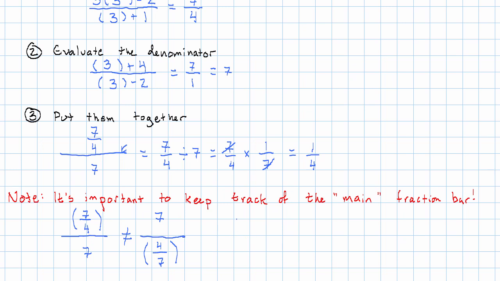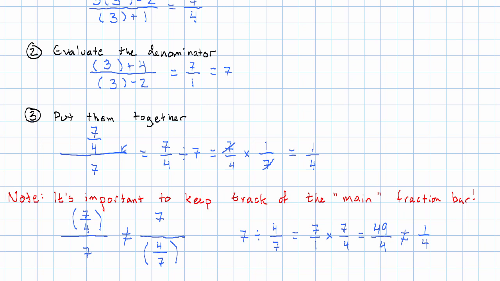In the second case, if we did 7 divided by 4 over 7, that would be 7 over 1 times 7 over 4, which would be 49/4, right, which is clearly not the same as 1/4. It's important to keep track of which is the main fraction bar.